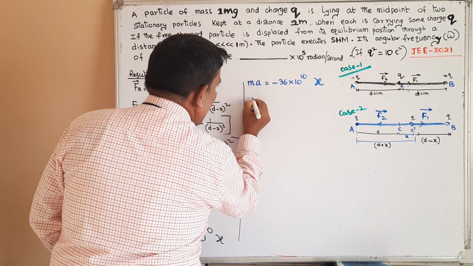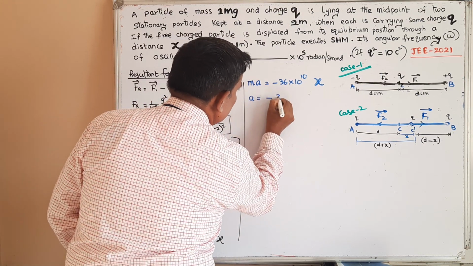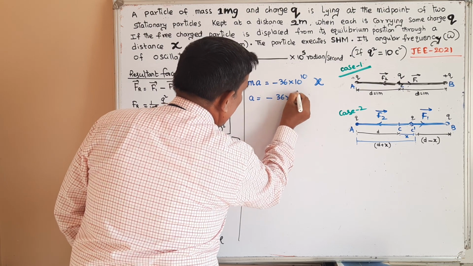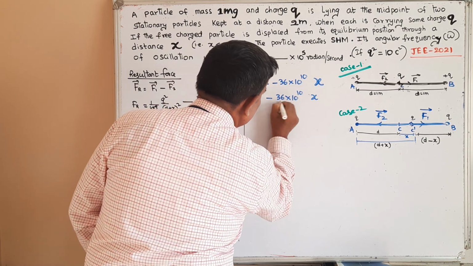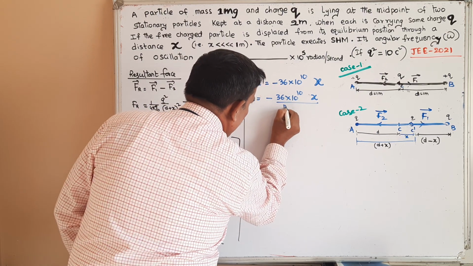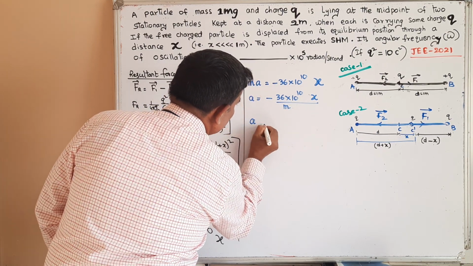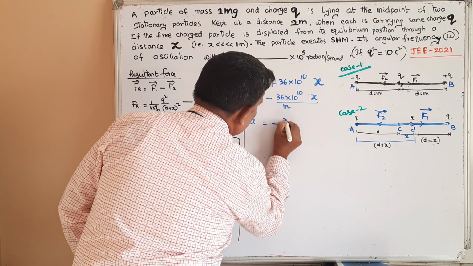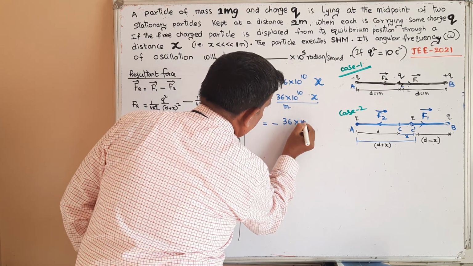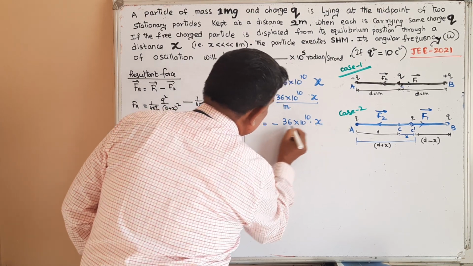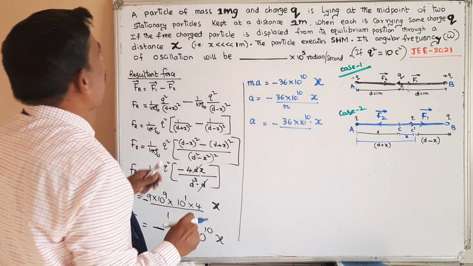So M times A is equal to minus 36 into 10 power 10 into x. M comes to the denominator, so A is equal to minus 36 into 10 power 10 into x by M, where M means mass.